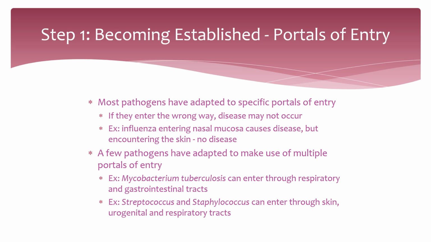Although some microbes will have multiple modes of entry. For example, anthrax can infiltrate a host through the respiratory system, as well as subcutaneously, as well as, I believe, through the digestive system. However, primarily, most microbes will stick to one portal of entry, and that is how that microbe gets into the host itself.